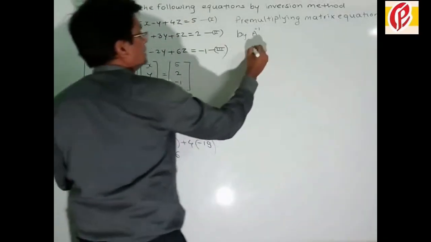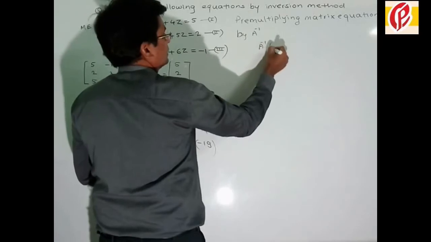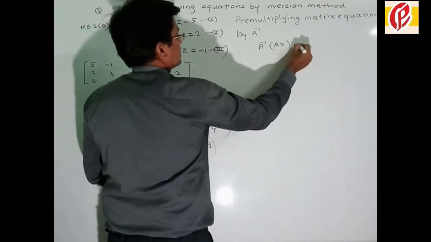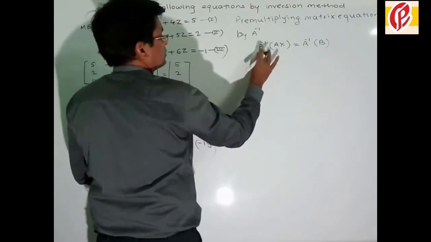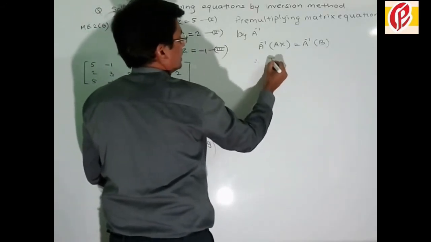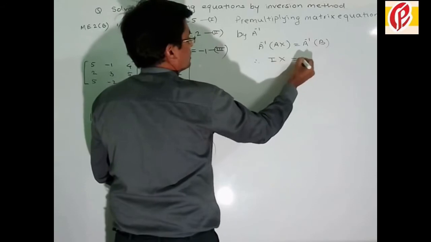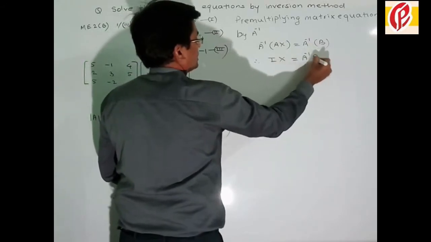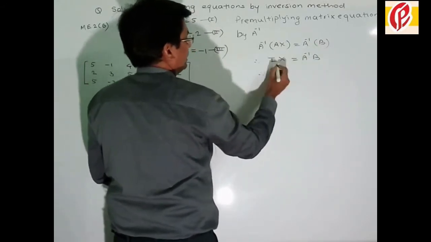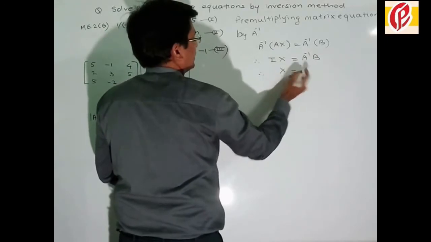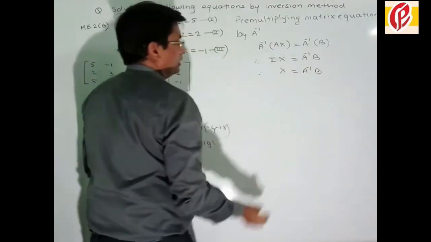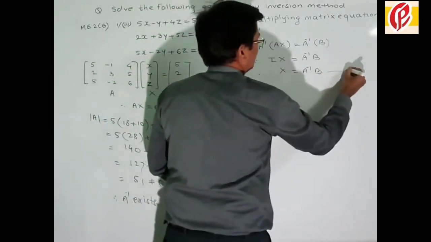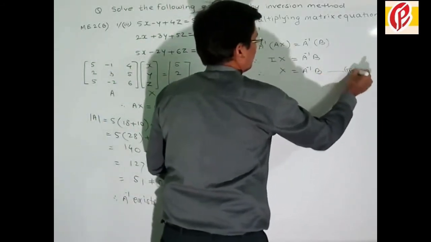So A inverse into X is equal to A inverse into B. So A inverse into A, I X is equal to A inverse B. I means unit matrix, therefore 1 X is equal to A inverse B, and we get the fourth equation.